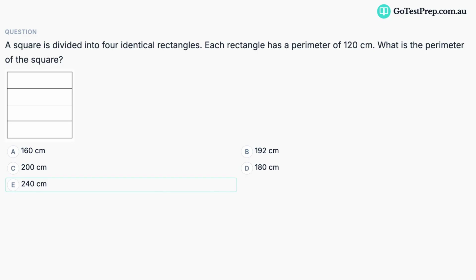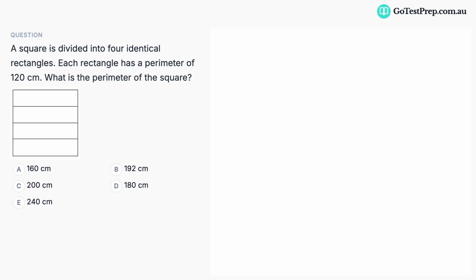To find the square's perimeter, we'll define side proportions from the 4 identical rectangles, then work from each rectangle's given perimeter of 120 centimetres. To find the perimeter of the outer square, let's look closely at the relationship between its side lengths and the slices inside. We are given that a large square is cut into 4 identical rectangles stacked horizontally.